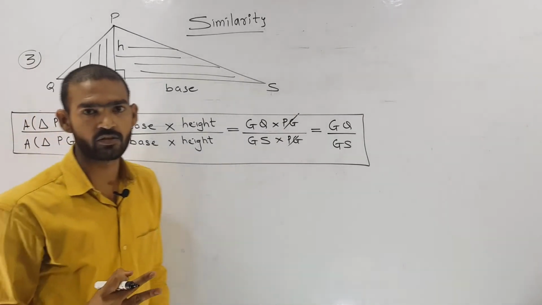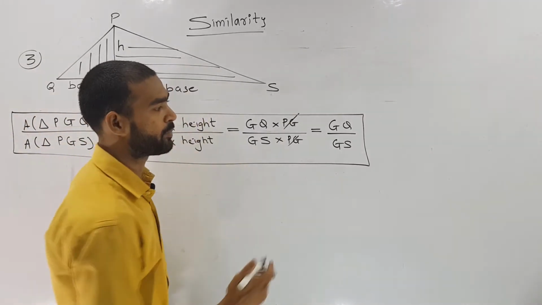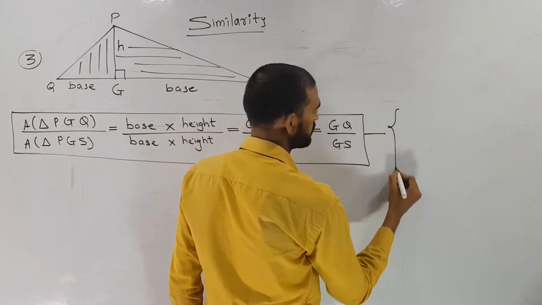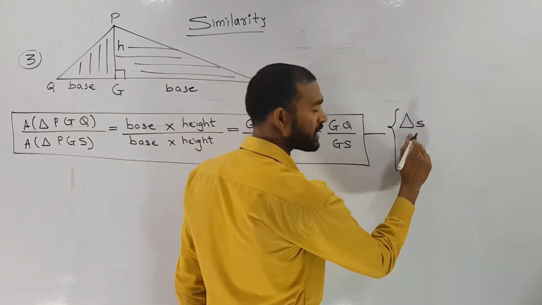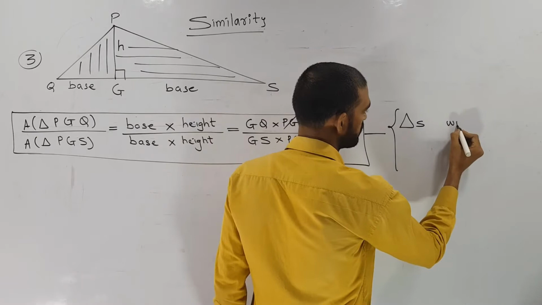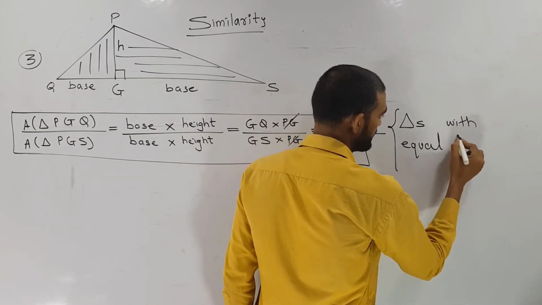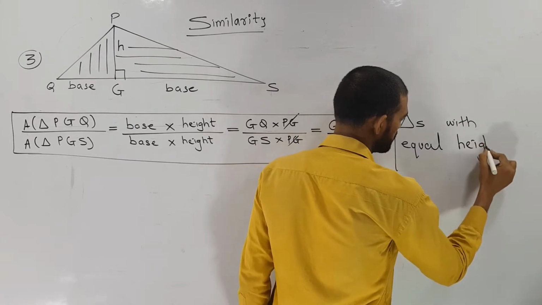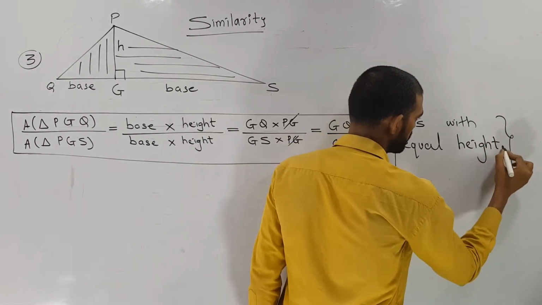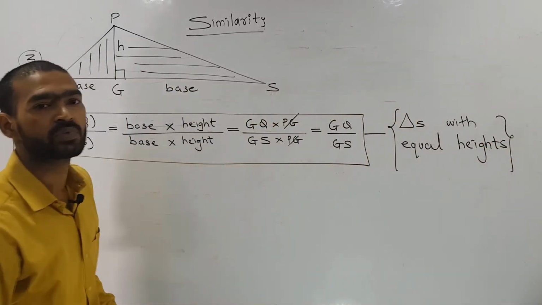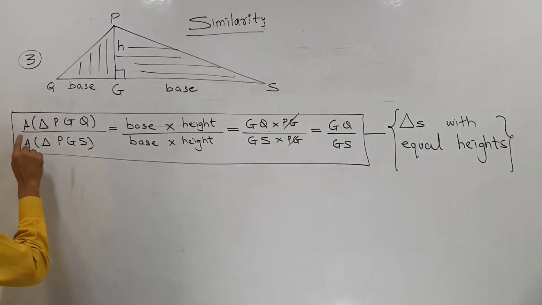So this is the third property of similarity. The property is triangles with equal heights. And how do we read this property?